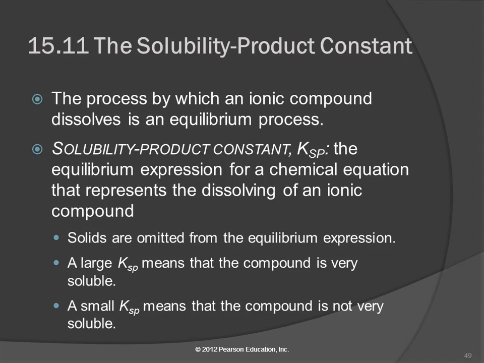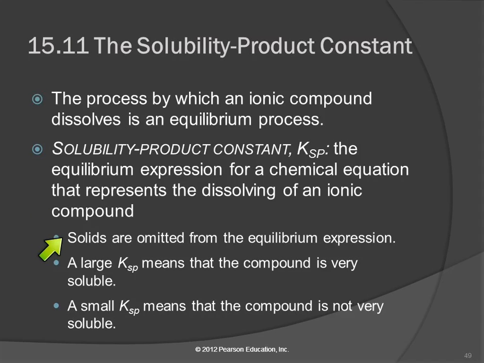Solubility-Product Constant. The process by which an ionic compound dissolves is also an equilibrium process. So the solubility-product constant, KSP, where SP stands for solubility product, is an equilibrium expression like those we learned to write for other equilibrium reactions, for a chemical reaction in which an ionic compound is dissolving.